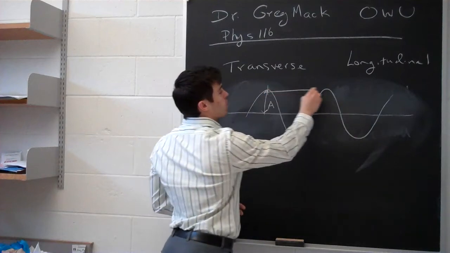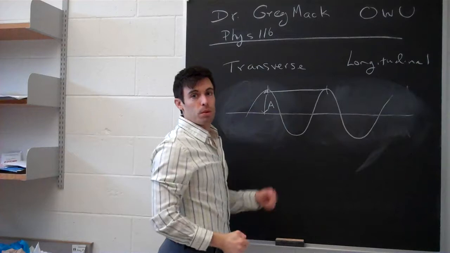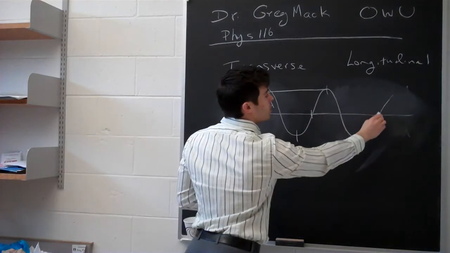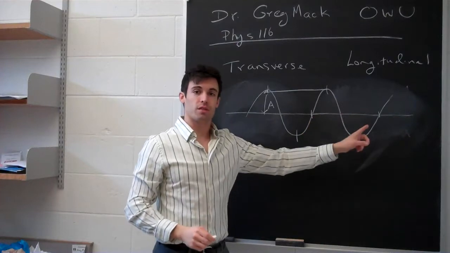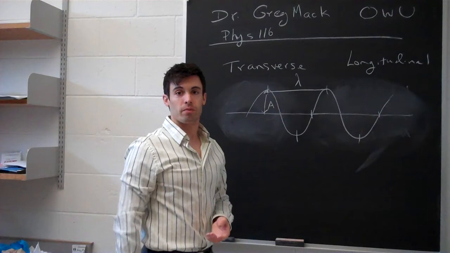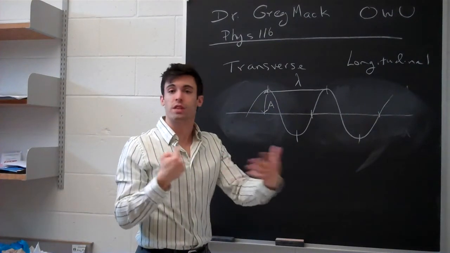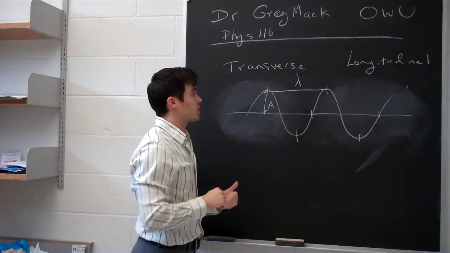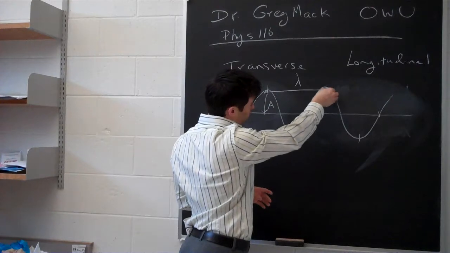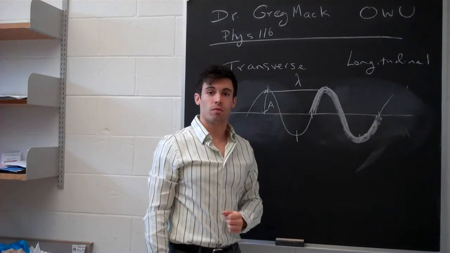If you are measuring between identical portions of the wave, whether it be between two crests, or two troughs, or two identical other places, that's going to be your wavelength, which we call lambda. Okay, so that's going to be a distance. It's going to be a measurement in terms of meters, centimeters, etc. The period would be the time for one full cycle of the wave to pass by.